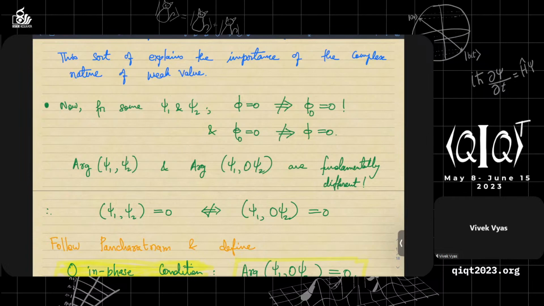Here we are not assuming any particular commutation relations or any particular symmetries in action or any other constraints, just assuming simple free structure. So there is no connection. If the states are orthogonal, then also you can have this inner product being non-zero. And if this is 0, it need not imply that the states are orthogonal.